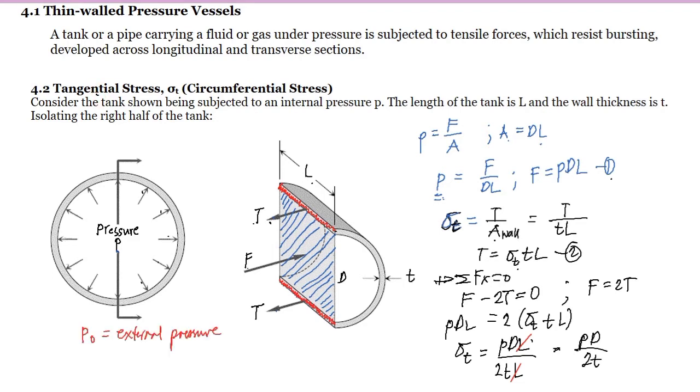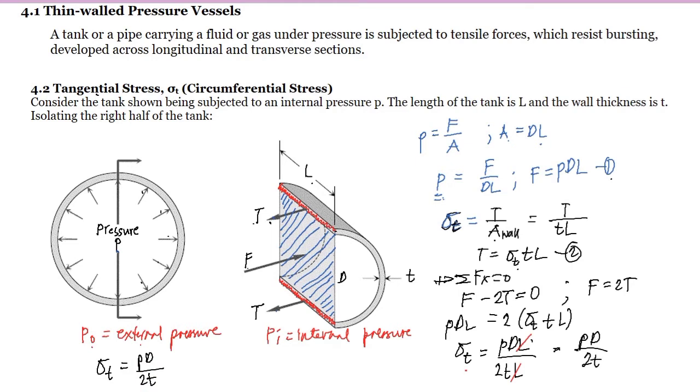Now, if there exists the external pressure, and we denote as PO, and the internal pressure, we denote it by PI. So, from the formula, we have the derived formula. The tangential stress is equal to PD over 2T.